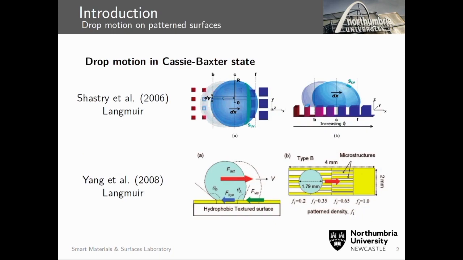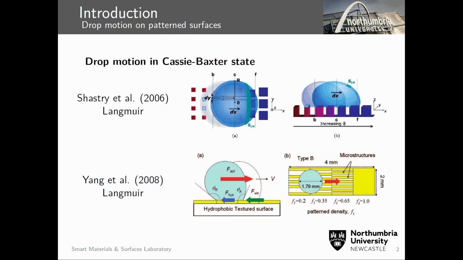Because the drop prefers to be in contact with the solid than with the air, the drop will naturally move toward the regions with the higher pillar density. So if you have small pillars on one side and big pillars on the other side, the drop will naturally want to move toward the right. You can see here another example. It's the same mechanism, slightly different configuration.